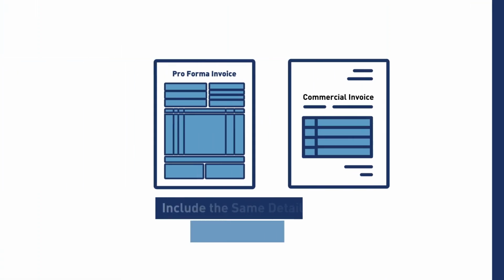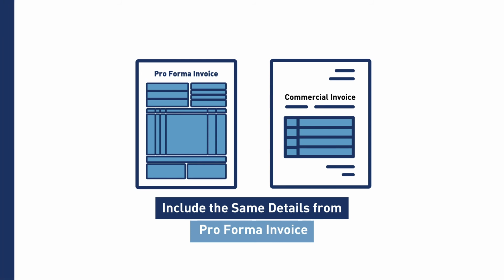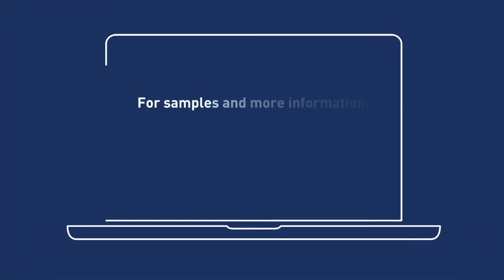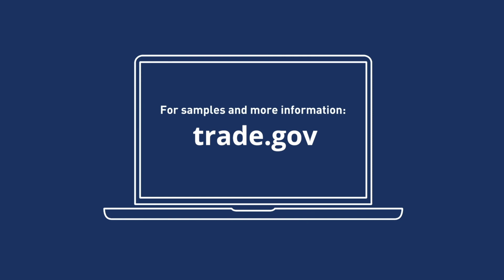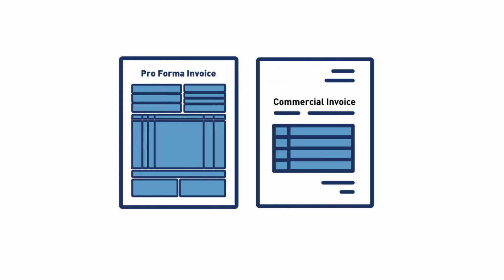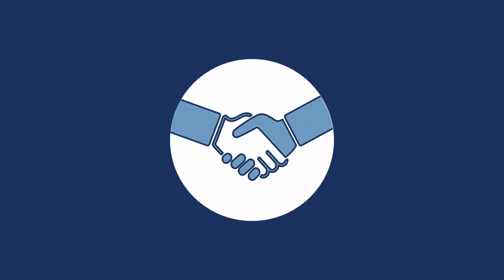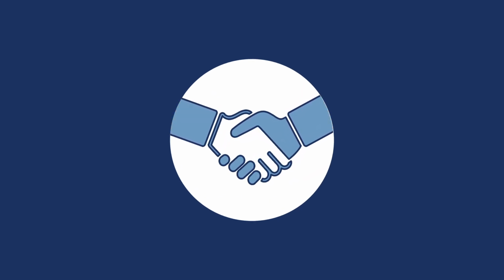When preparing the commercial invoice, include the same details from your pro forma invoice. You can find samples and more information about these documents on trade.gov. Beginning with a carefully crafted pro forma invoice and finalized with a commercial invoice, you and a foreign buyer can agree on a price and terms that will help to ensure full satisfaction to both parties.